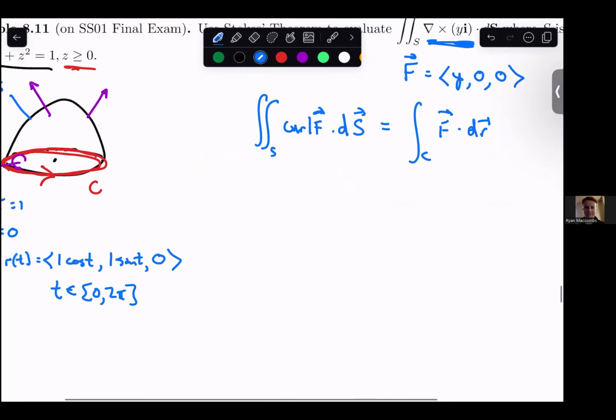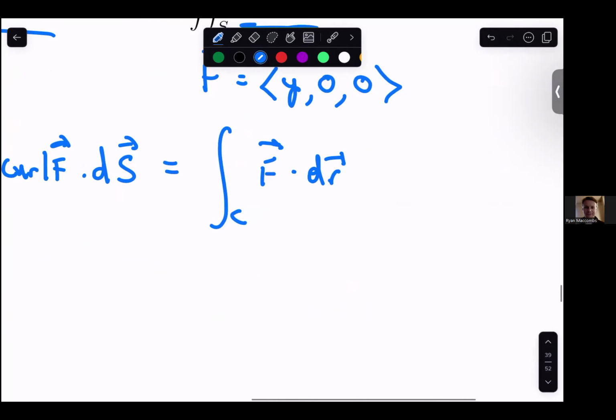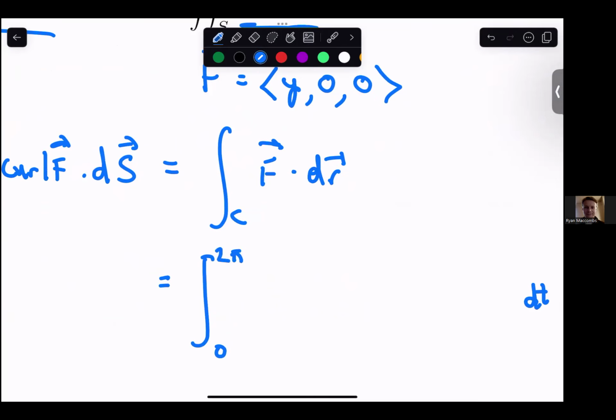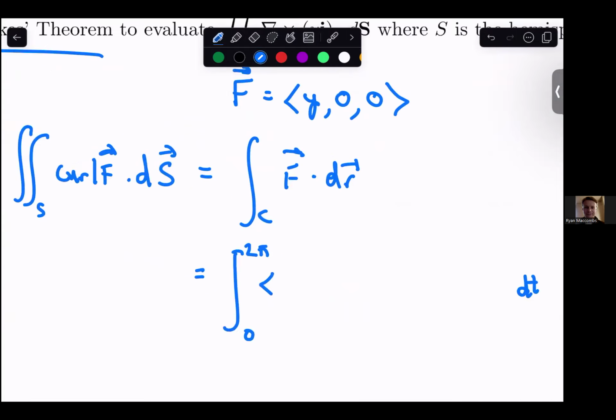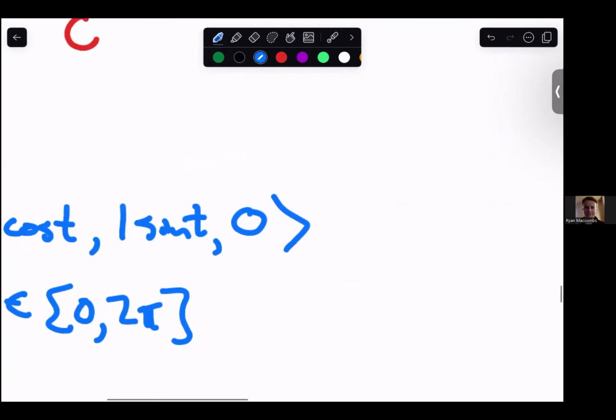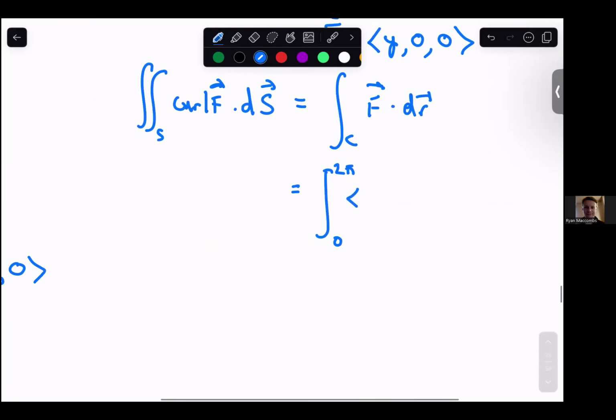All right, so then why don't we go ahead and start plugging some of this stuff in. So I'm going to end up doing a t integral here. That means my bounds are going to be from 0 to 2 pi. My F was y, 0, 0, but again, I'm trying to do a t integral here. So instead of y, I'm going to go ahead and plug in my parameterization for y. So that is sine of t.